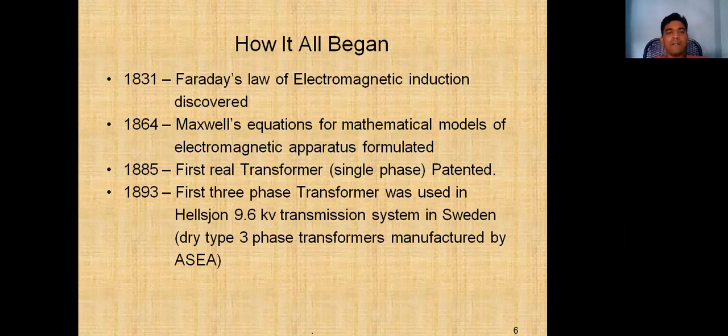In 1893, the first three-phase transformer was used in the Elson 99.6 kilowatts transmission system in Sweden. And in 1900, the oil immersed transformer was born.